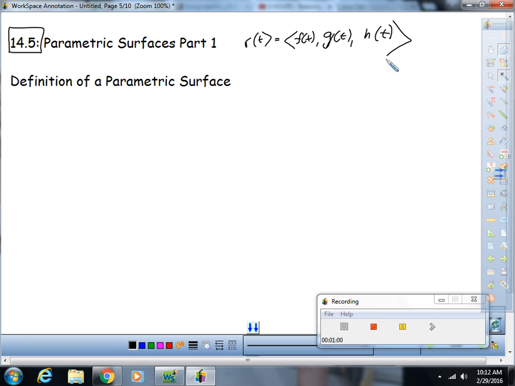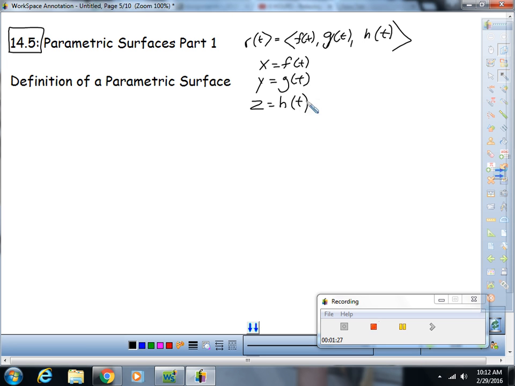Basically, we call these vector valued functions, and we traced out the tips of these vectors over various times t, where we let x equal f of t, y equal g of t, and z equal h of t.